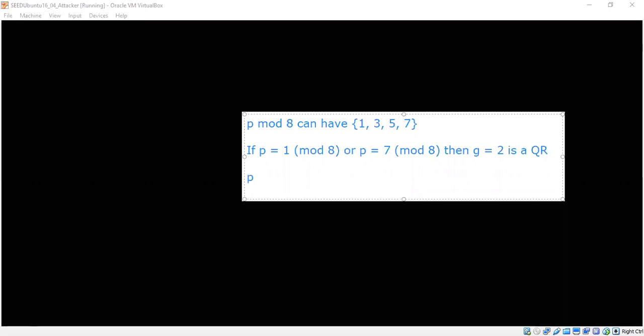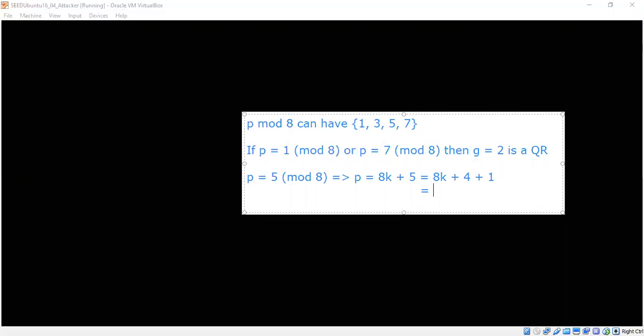If P mod 8 is equal to, say, 5, what can you say about it? What it means is that your P must be 8 times K plus 5, right? So we can just reorganize it a little bit like this, plus 4 plus 1, which is nothing but, if I take my 2 as a common factor, what do I get? I get 2 times (4K plus 2) plus 1.